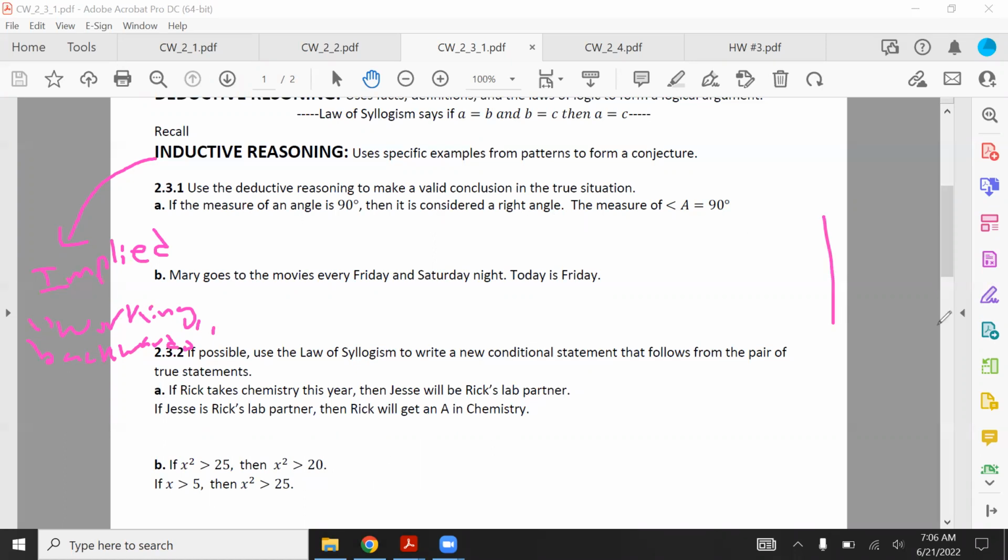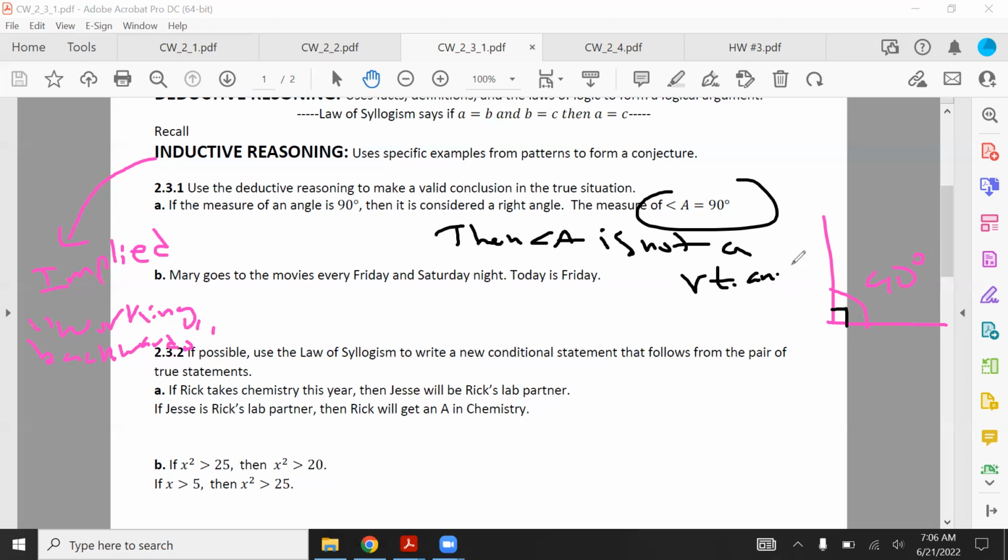We know this. If that's 90 degrees, you can actually make it a right angle. Well, if angle A is less than 90 degrees, then angle A is not a right angle. So that would be implied that it's not a right angle, and you're kind of working backwards.